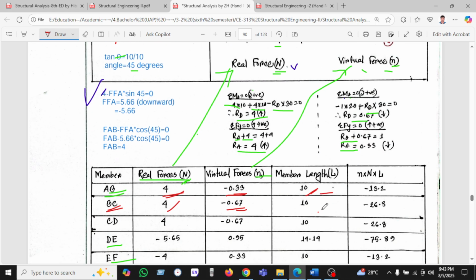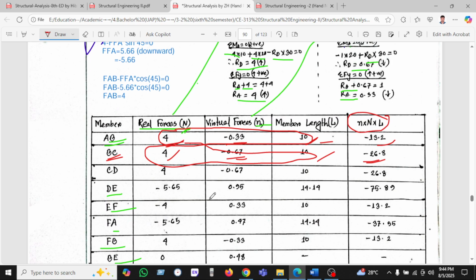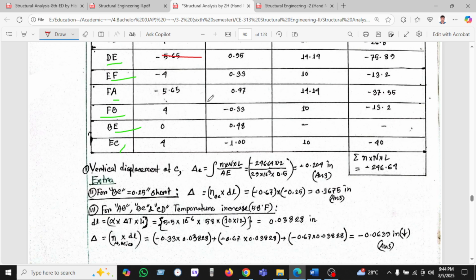If we multiply, 4 into 0.33 into 10, then we will find 13.2. If we calculate 4 into 0.67 into 10, we will find 26.8. We can multiply all of these, and in this way we can calculate all these things.